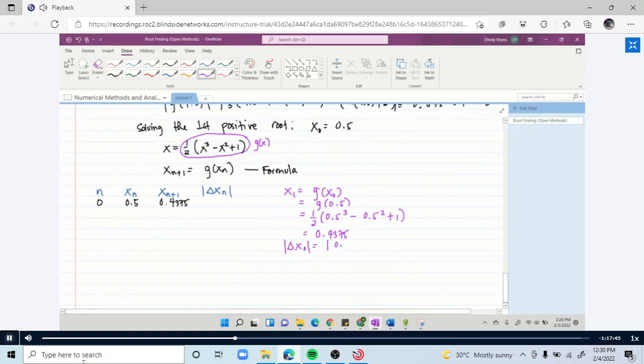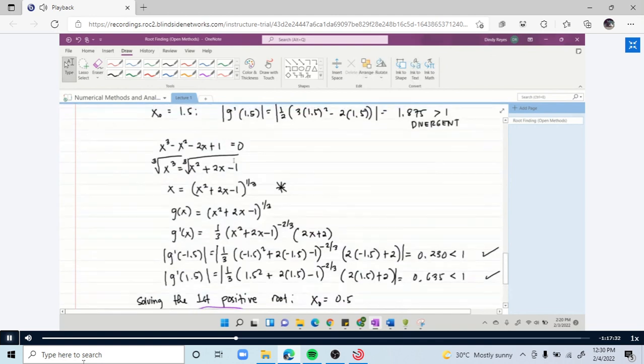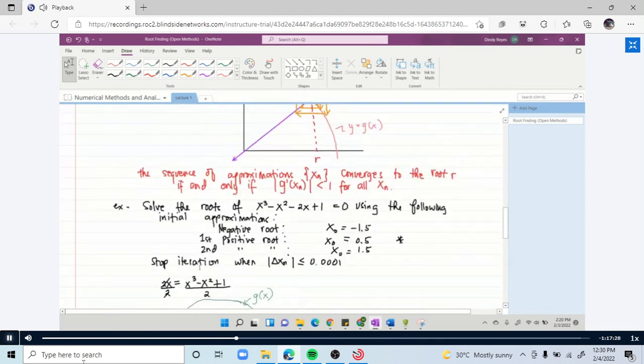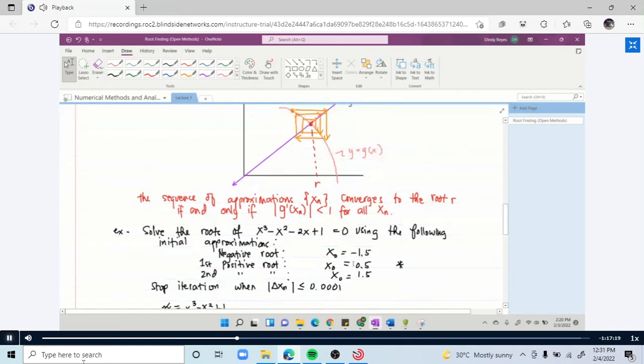So it's just 0.4375 minus 0.5. Absolute value, so this is always positive. What we have here is 0.0625. 4 decimal places ang kinuha ko kasi po ang given ay okay, stop iteration when delta x sub n is less than or equal to 0.0001. So, hindi na importante yung makita pa natin yung next, no?